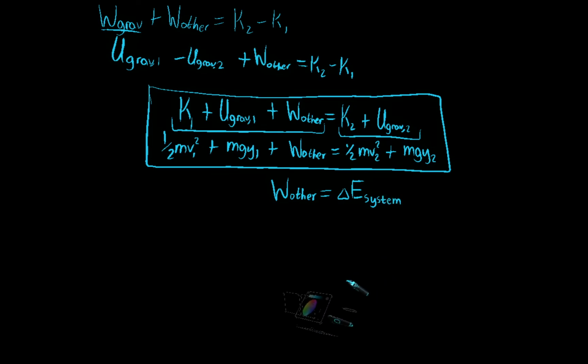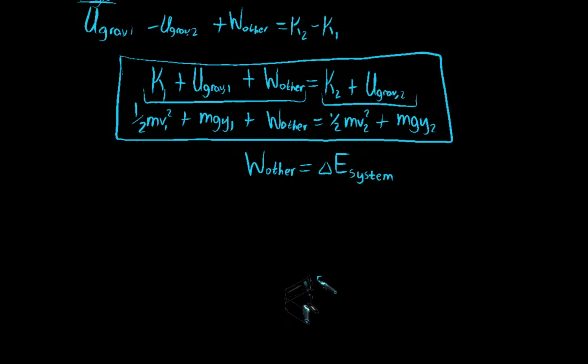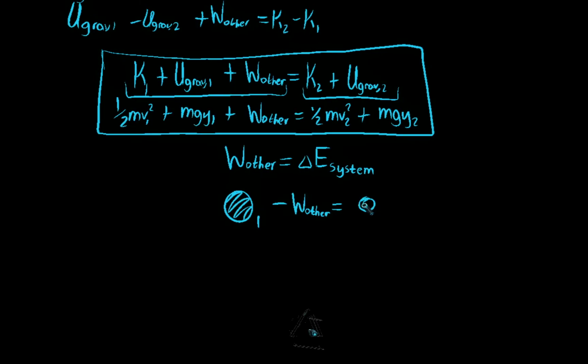So something else is coming into play to add to the mechanical energy at the beginning, or take away from the mechanical energy. In the beginning, there is one amount of mechanical energy, and if work other is negative, then this is just some amount of mechanical energy at moment 1 minus, let's say, some work like friction. It's working against the direction of motion, so the work would be negative. Well, then the total mechanical energy of the system at moment 2 would be less, right?